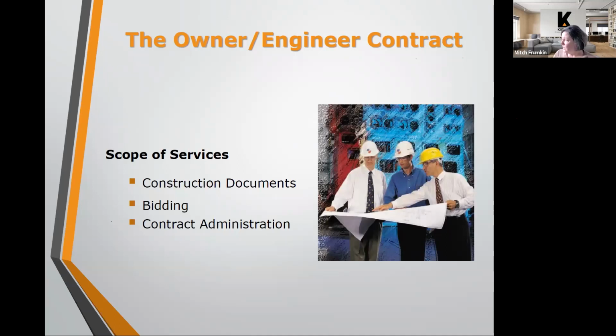And the contract administration, again, as I mentioned earlier, the contractor is responsible for the means and methods of construction, not the engineer. The engineer during contract administration, their role as defined in the scope of work is typically to compare the work that the contractor is doing to the contract documents, specifically the specifications, and the directions in constructing something.